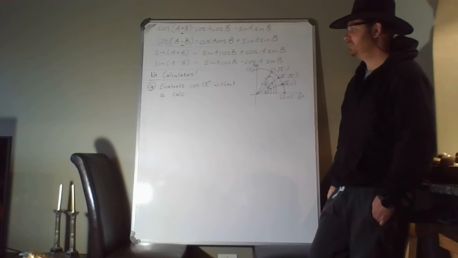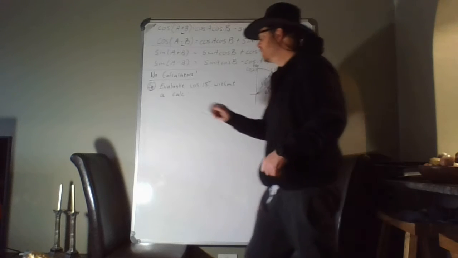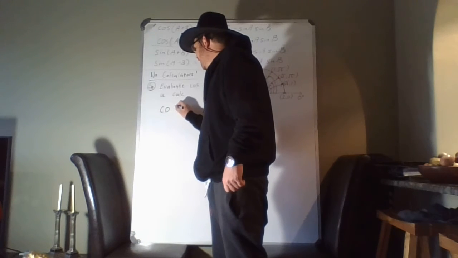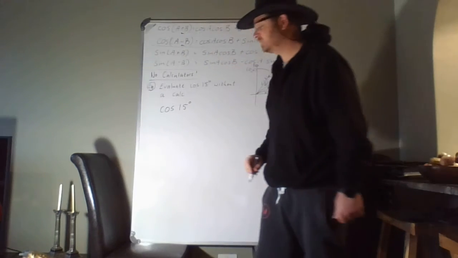Evaluate cos 15 without a calculator. Maxine and Tombe, get going. Well, we've got to get it to a special angle, and we're going to have to use the compound angle formula to get it to a special angle. So how could I write cos 15 in terms of two special angles?